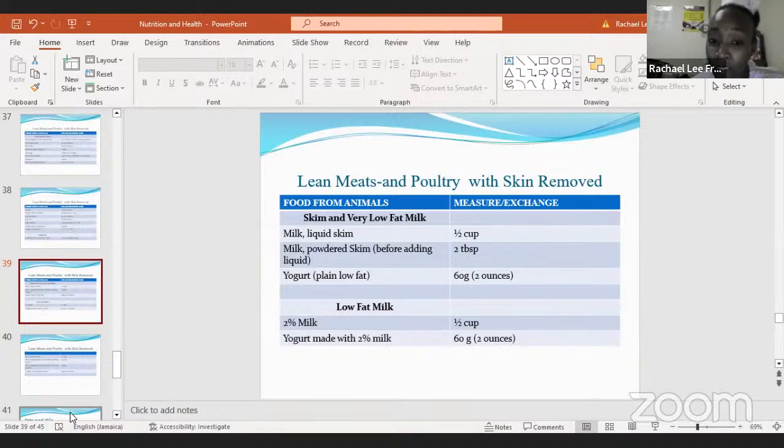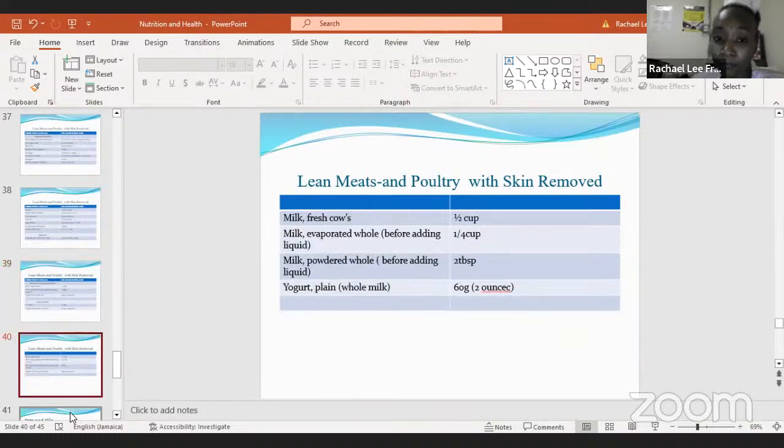For the yogurt, it says plain low fat, so you need 60 grams or 2 ounces. For the low fat milk, the 2% milk, that is the safer one, and you need a half cup. Yogurt made with 2% milk, you still need about 60 grams because it is low fat.